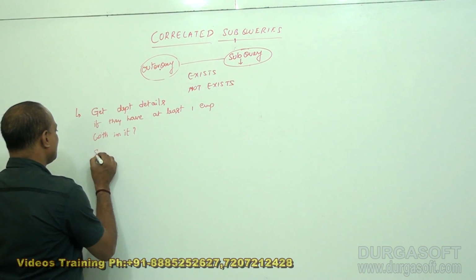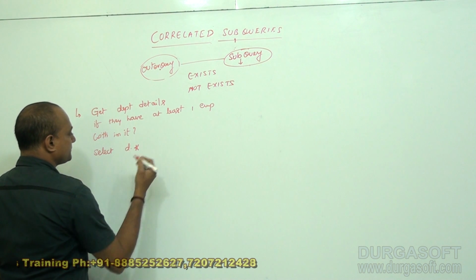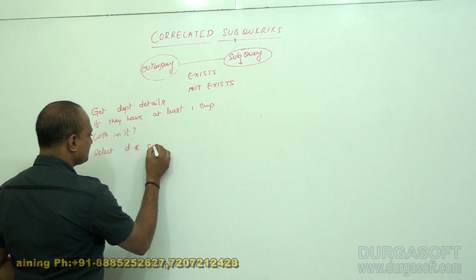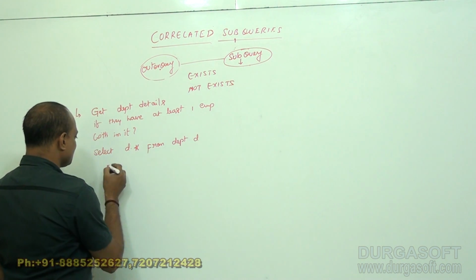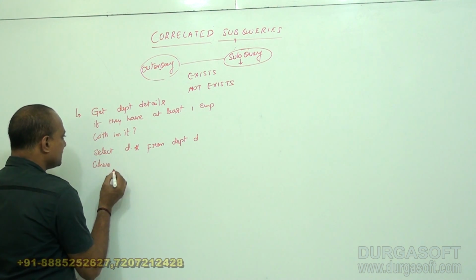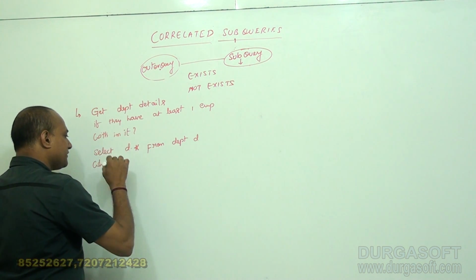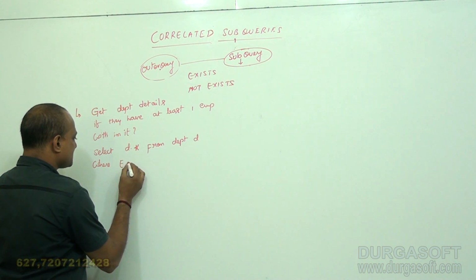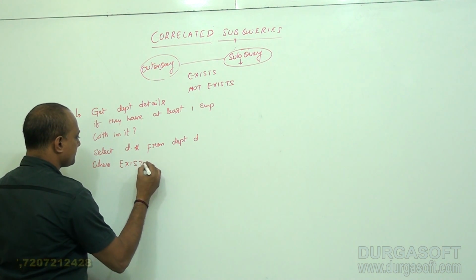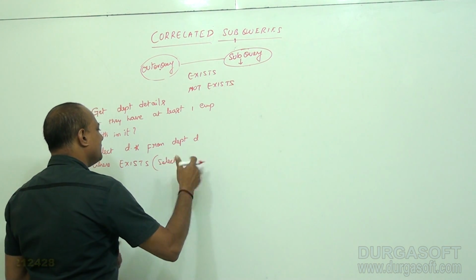Example: you are expecting department details, so SELECT D.* FROM DEPT D WHERE EXISTS. If they have means if there exists. In the subquery, select any value.